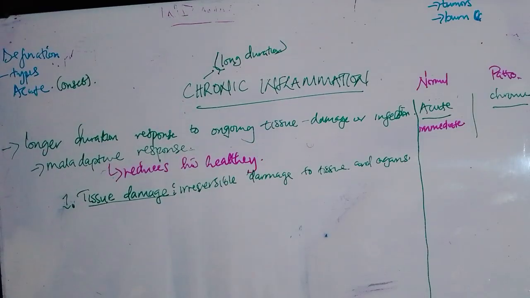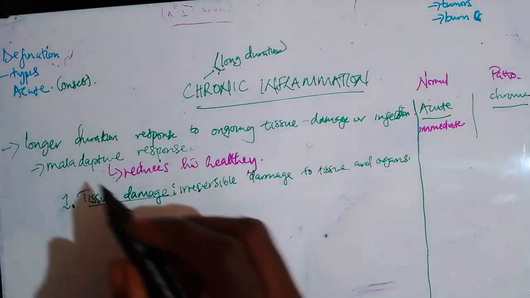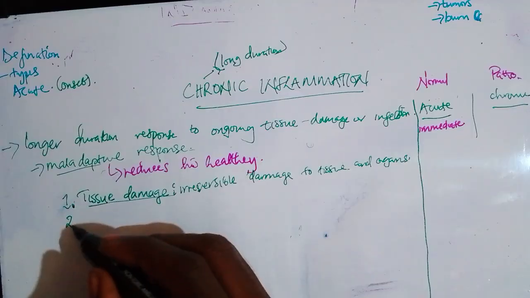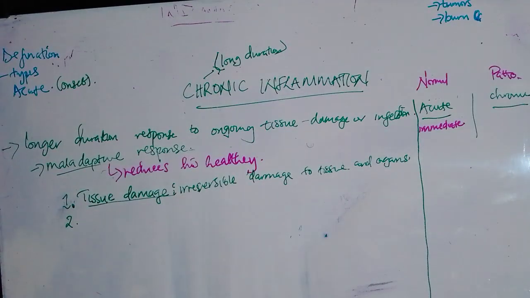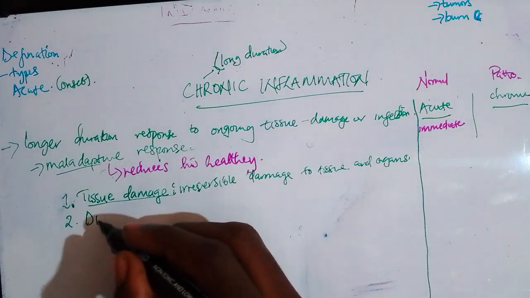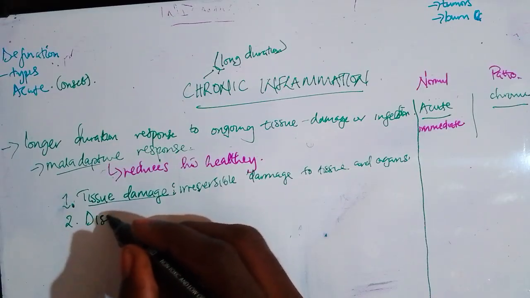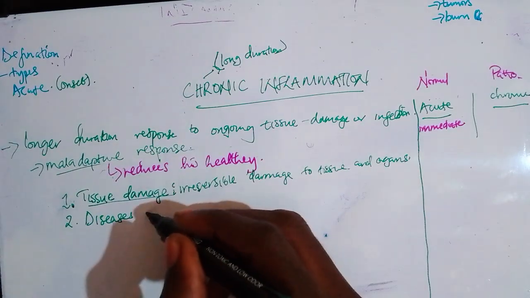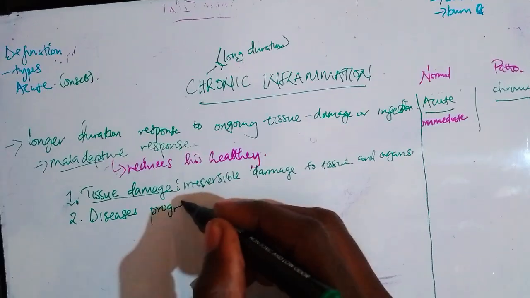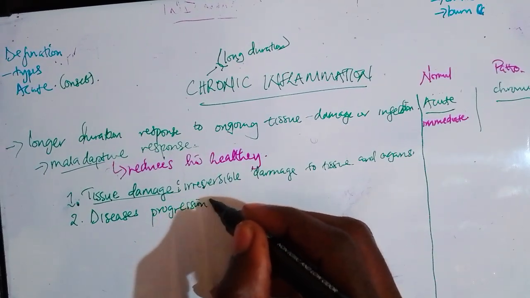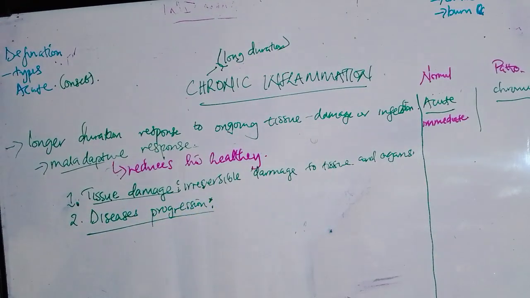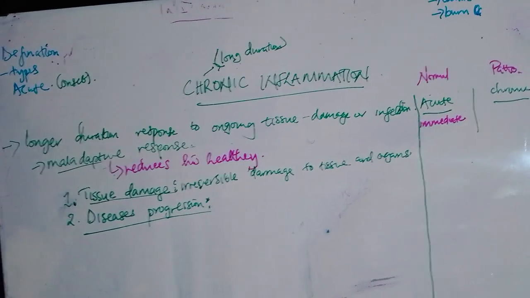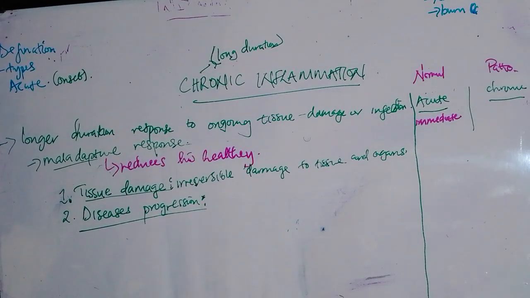So what is the second thing which this maladaptive response can lead to? So it can also lead to disease progression. This is how some disease start. So these are the two dangers of chronic inflammation. Why are we saying so?